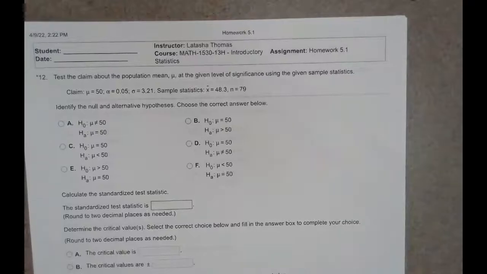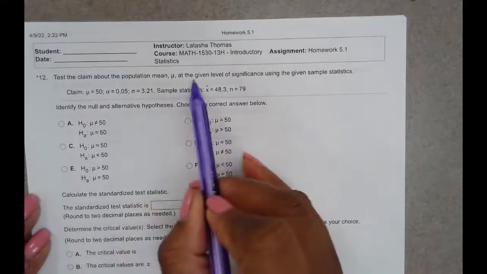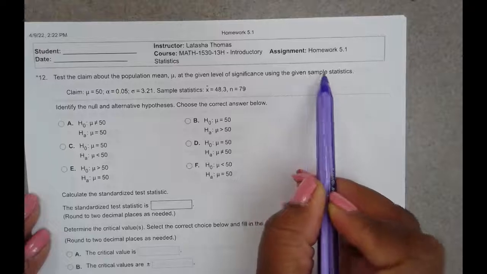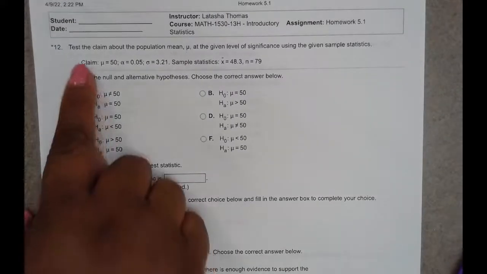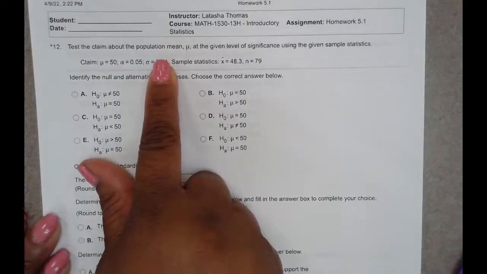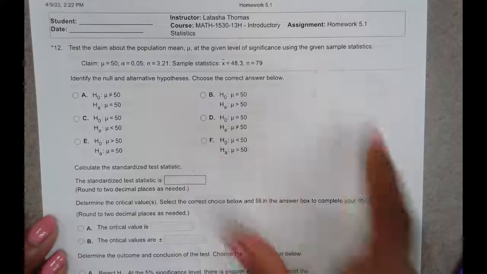So here in number 12, it says test the claim about the population mean, mu, at the given level of significance using the given sample statistics.